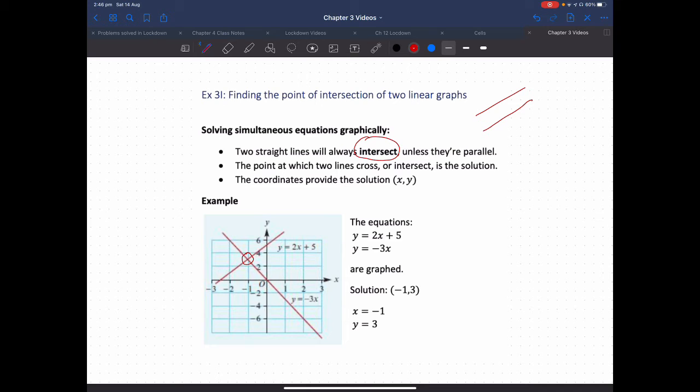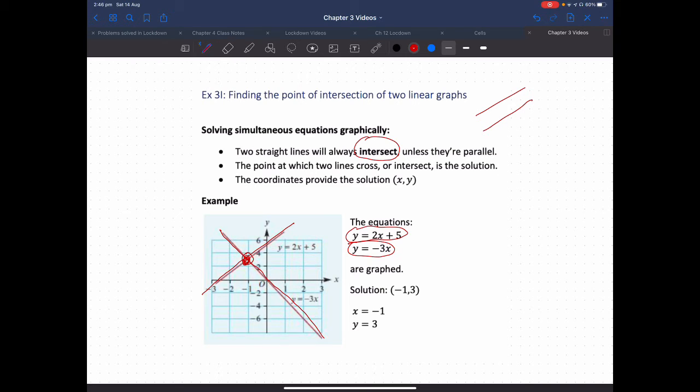So looking at this example, y equals 2x plus 5. That straight line has been graphed for us. y equals -3x. That straight line has been graphed for us. We want to find their solution where they intersect.